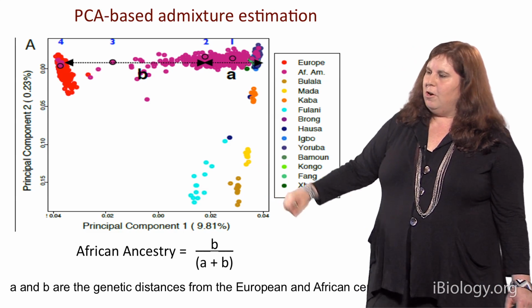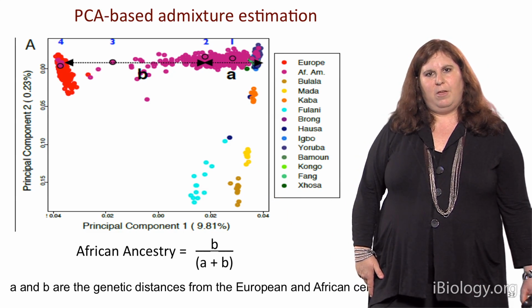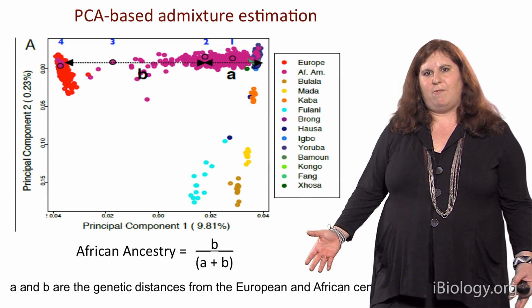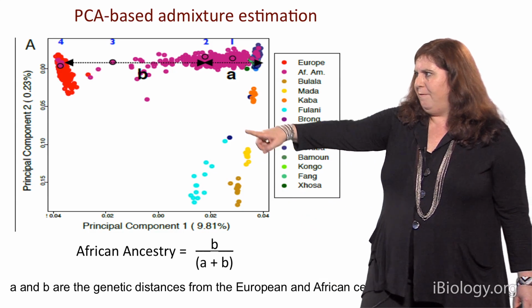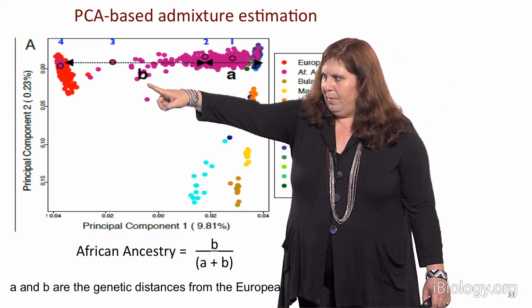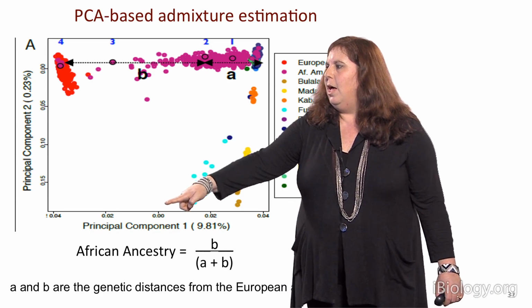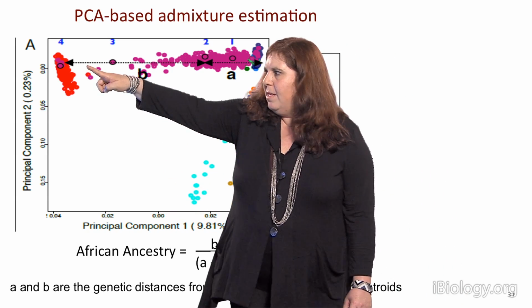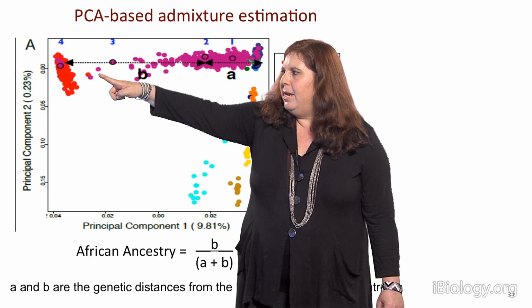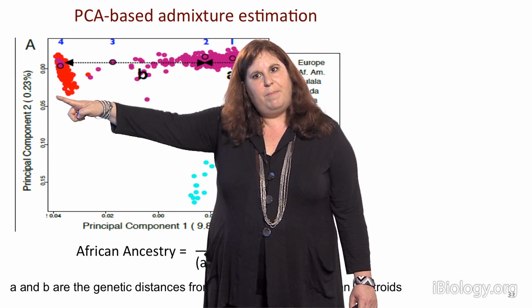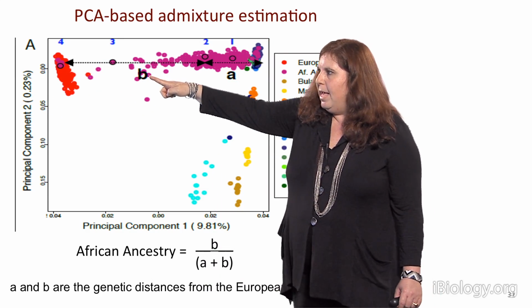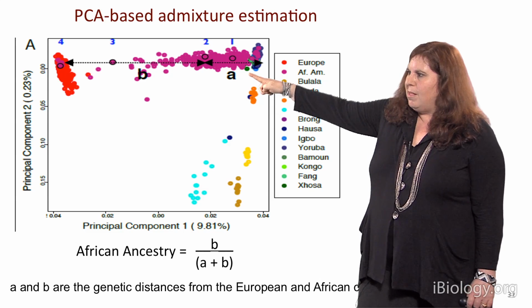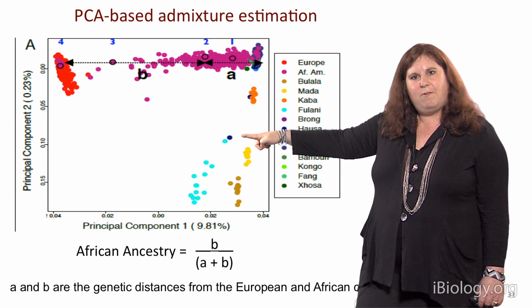And we could actually determine the amount of European or African ancestry in any individual African American individual by looking at their position along principal component 1. So for example, this individual here appears to have more European ancestry, whereas this African American individual seems to have more West African ancestry.